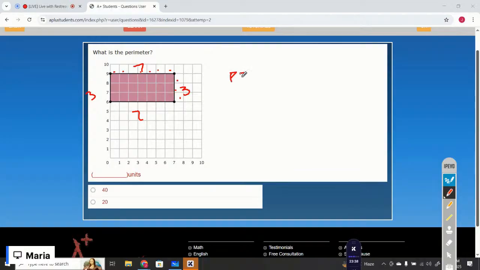That is 3 plus 7 plus 7, which is 20. Option number 2 is the correct option.